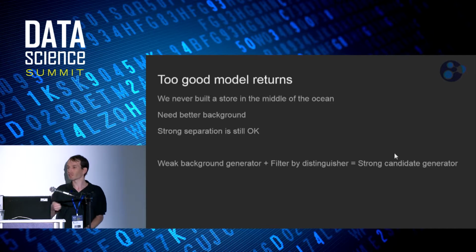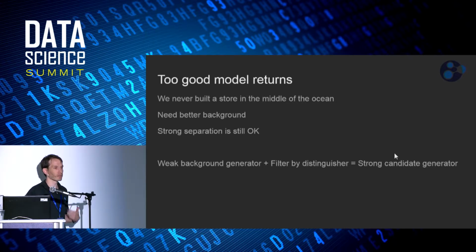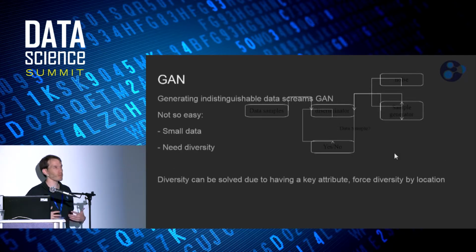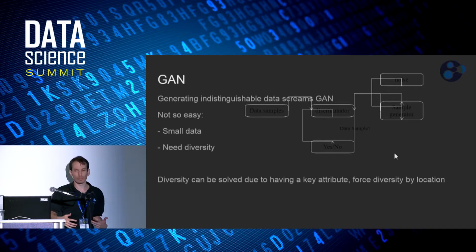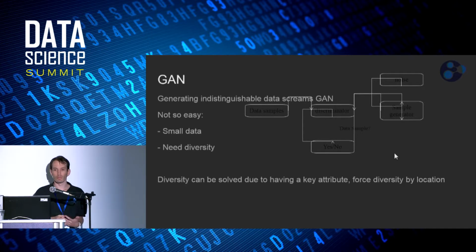Now, this idea of generating noise, generating random data and filtering it, and maybe improving the past data should be familiar to you in the form of a GAN, a generative adversarial network.